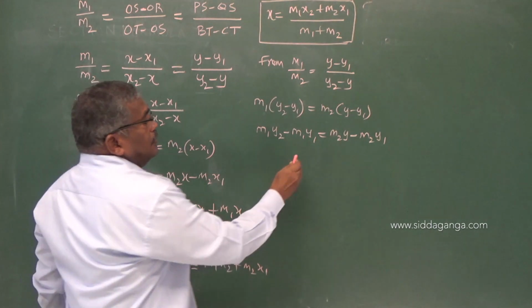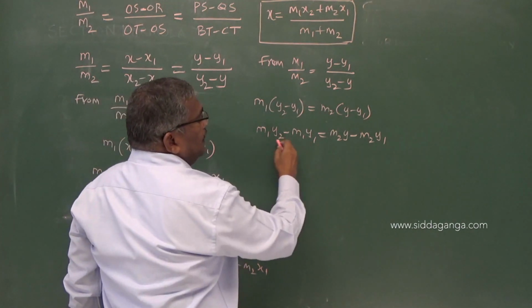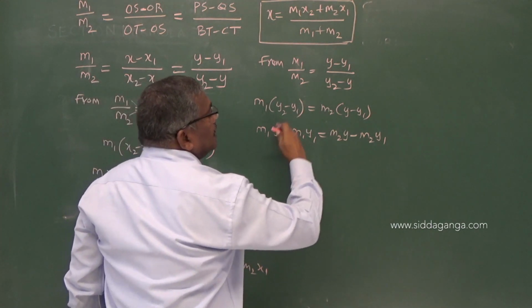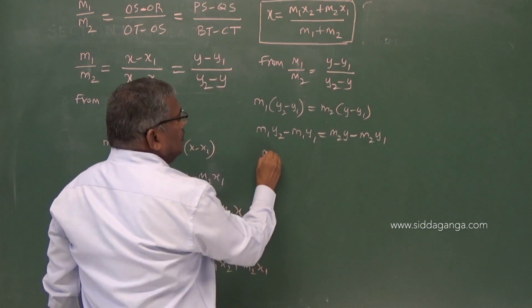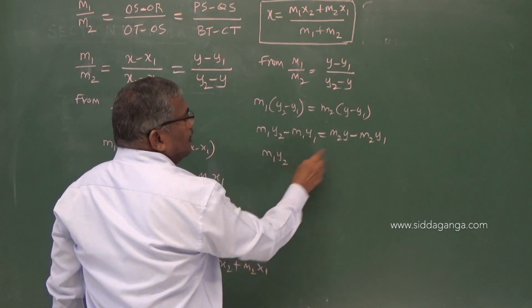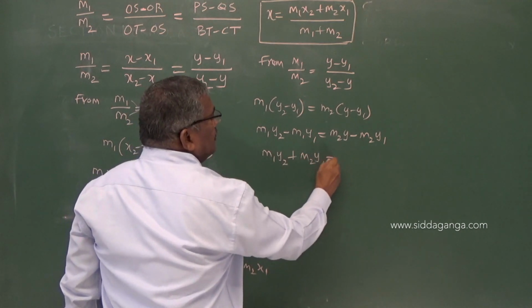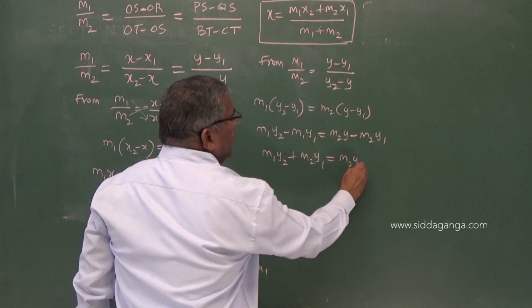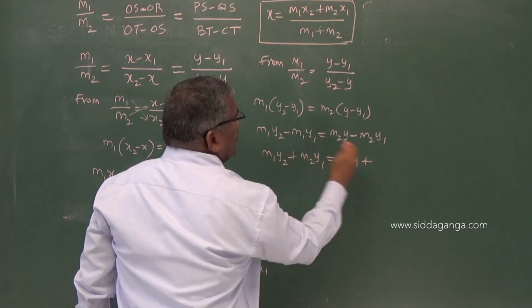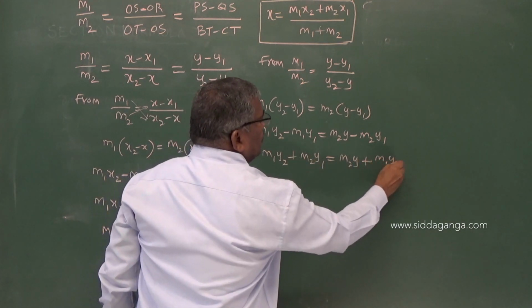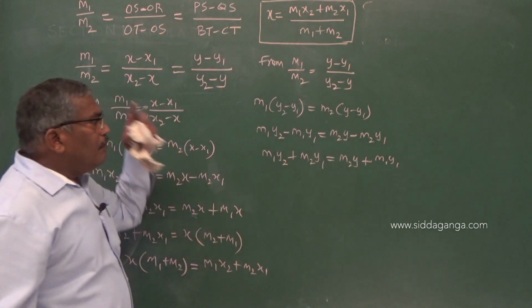Now you take the negative value this side and transfer it to that side. M1 y2 plus M2 y1 equals M2 y plus M1 y1.